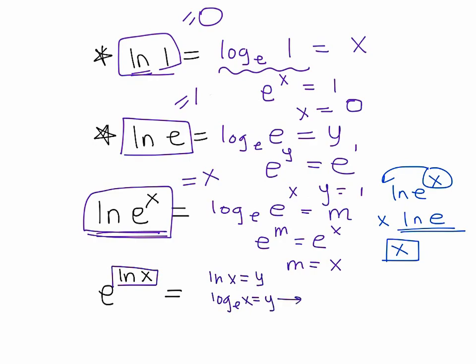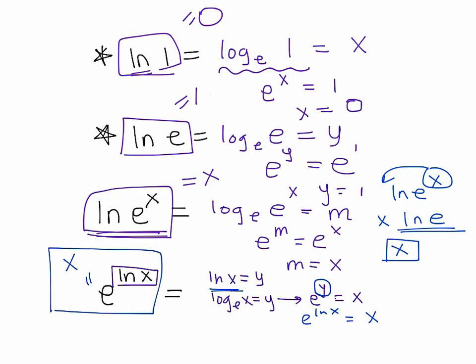So writing it in exponential form, that's the same thing as e raised to the y is equal to x. Right? So combining all these things together, e raised to the y power is equal to x. But y, again, is equal to ln of x. So e raised to the ln of x is equal to x.